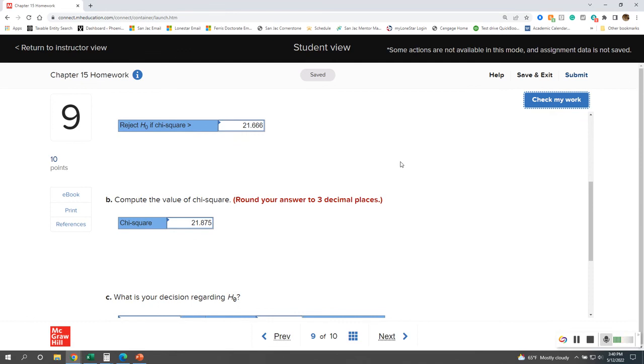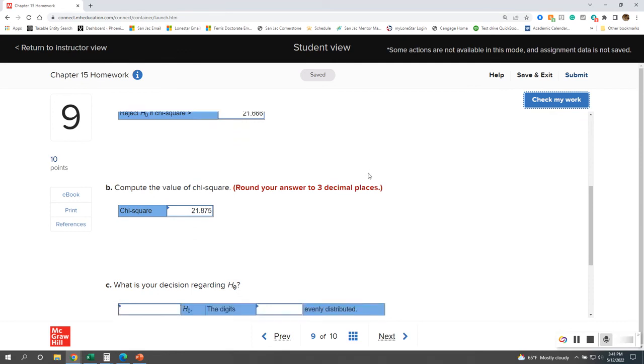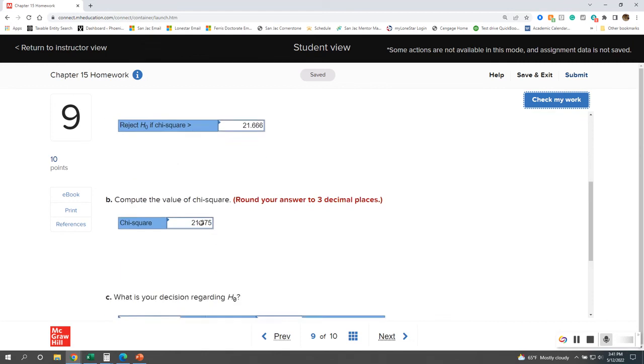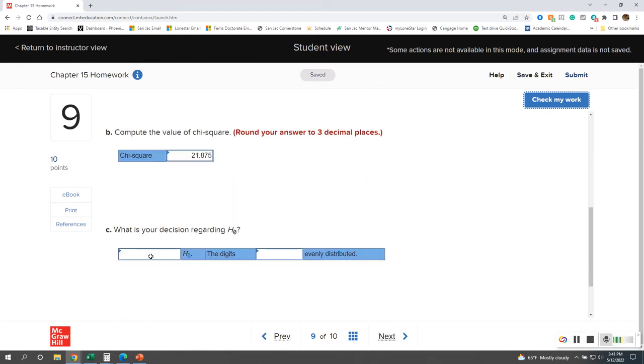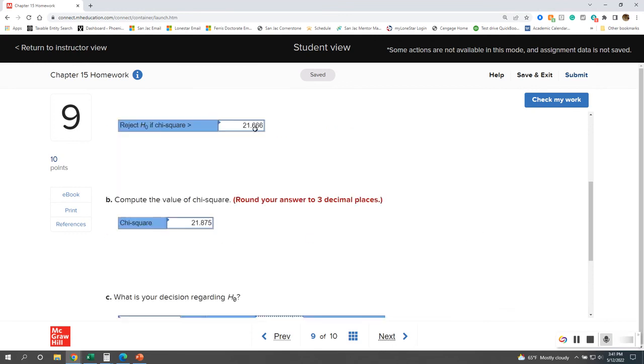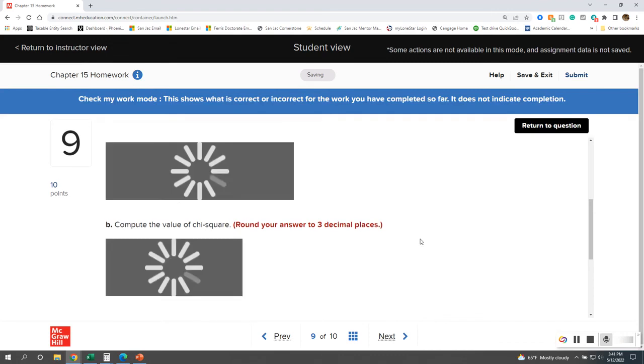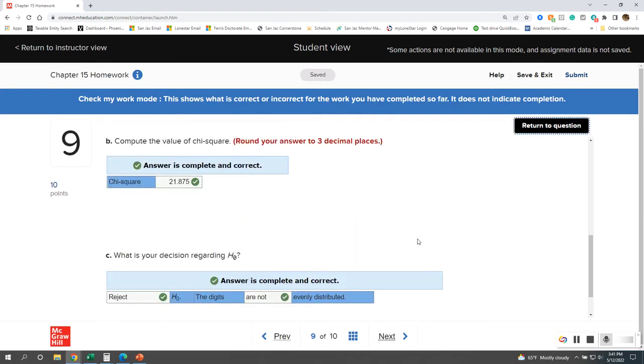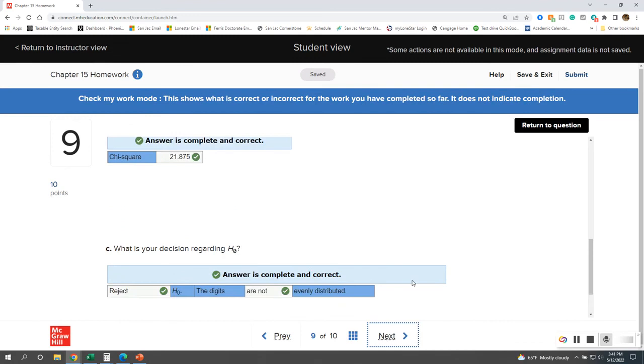Or if you want to just download the Excel, you can, and then put in the formulas. Either way, it's perfectly fine. For me, I'm going to end up rejecting the null, barely. So, just barely. They're very close. And that's it for 9.